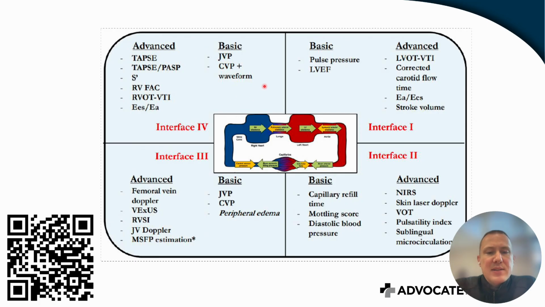Again, it includes assessment of the jugular venous pressure, CVP, and specifically CVP waveforms to understand how the right ventricle is able to move the blood forward into the pulmonic vasculature. At advanced level, most of the measurements involve some type of assessment of RV contractility and how that contractility interacts with the elasticity of the pulmonary circuit.